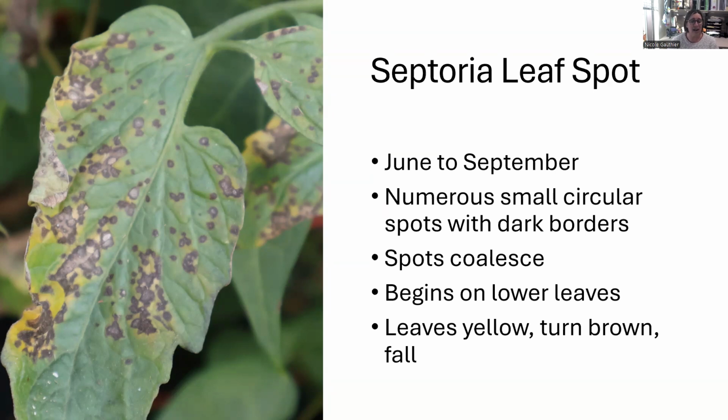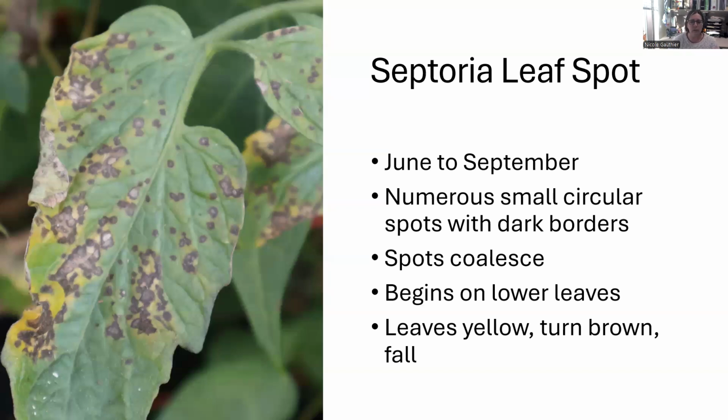They start dark and the centers will turn tan to whitish, so kind of bleaching out. And in the middle of those spots, you'll see some very dark little dots, and that's sporulation. Very dark border. And as those spots become more numerous, they'll start to coalesce. So individual spots stay small, but as they coalesce, they'll make some large patches of necrotic tissue.